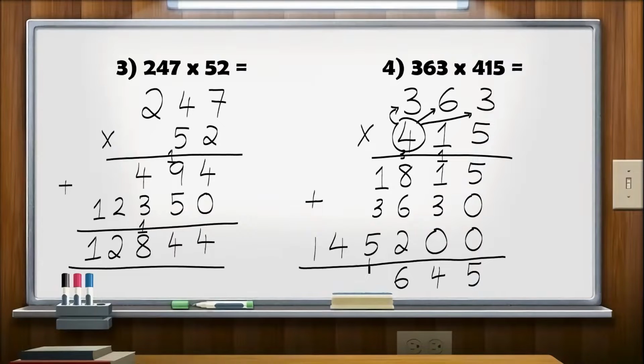Add the 5 is 9. Add the 1 is 10. So carry over the 1. 4 plus 1 is 5. And then I'll bring the 1 down. Okay. And my answer for 363 multiplied by 415 is going to be 150,645.